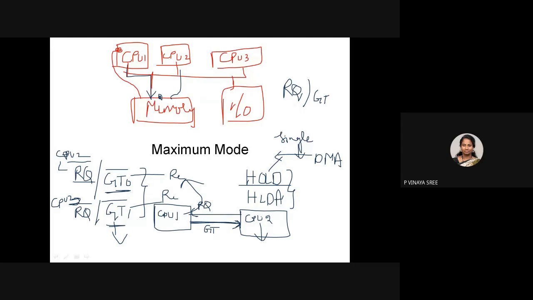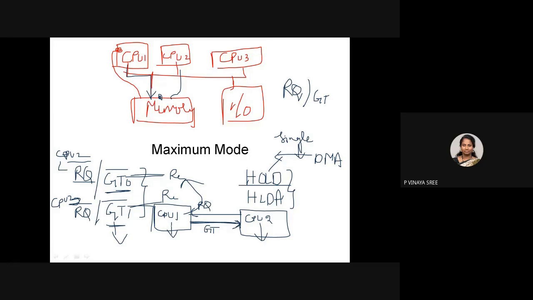But when both are active at a time, which service does it provide? Let us consider CPU 2 is requesting from this pin, CPU 3 is requesting from the other pin, and the bus is currently used by CPU 1. Now CPU 1 will provide a grant signal to CPU 2 or CPU 3.